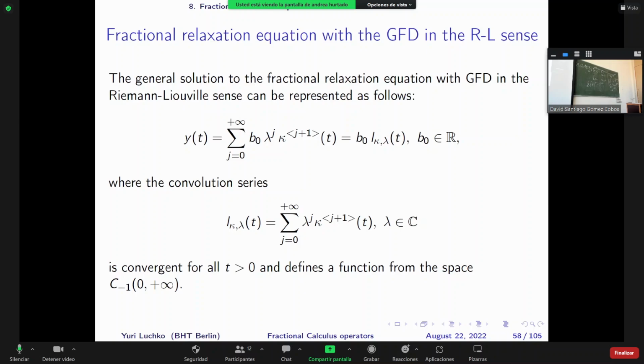In the next lecture, I'll show you some elements of the so-called operational calculus for these operators, and you will see how this machinery works. And then we get this result from it. Of course, the same procedure can be applied for more complicated equations and so on and so on.